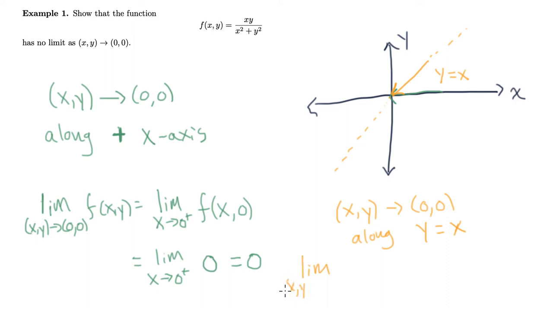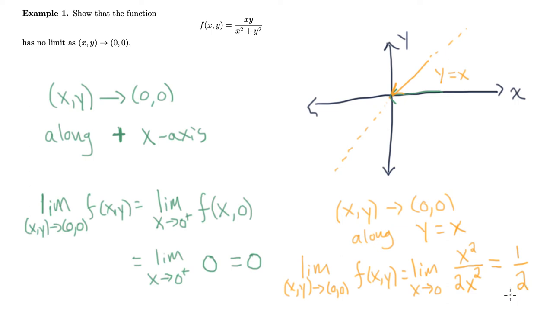The limit as x approaches 0, with y set equal to x, gives x squared on top over 2x squared. This is a standard indeterminate form, so I can use L'Hopital's rule or whatever, and I get 1/2.